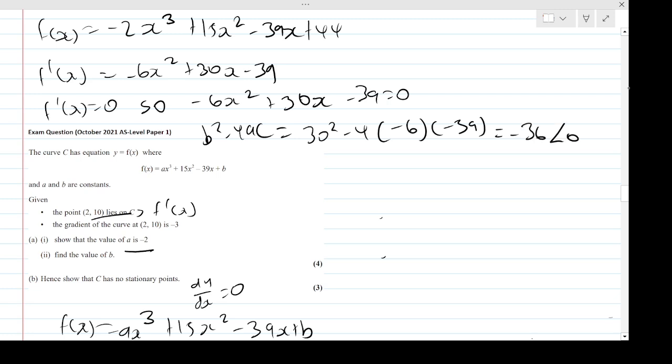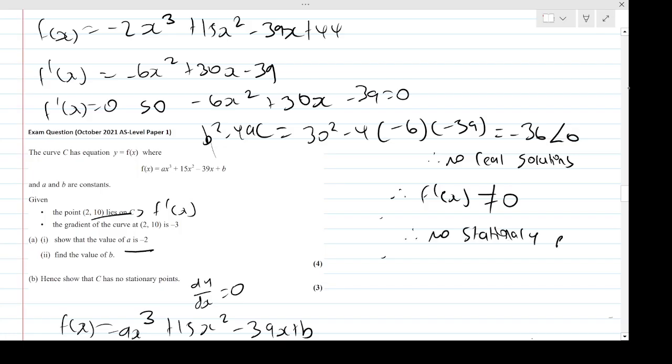So again, if the discriminant is negative, there are no real solutions to that equation, to just setting it to 0. That means the derivative cannot be 0. So f dash of x cannot be 0, therefore no stationary points. And there we are. Cool.